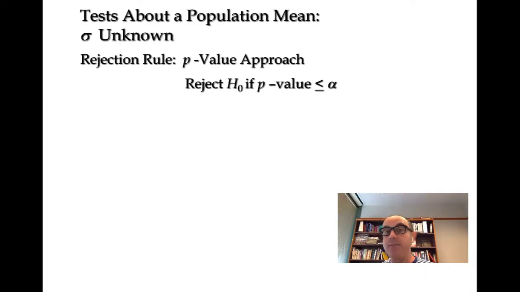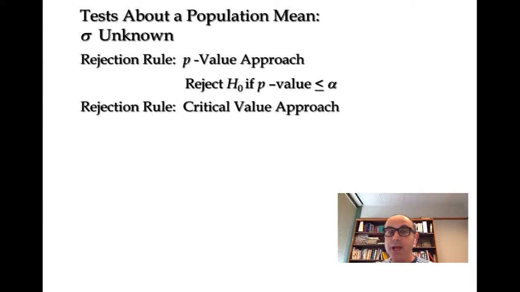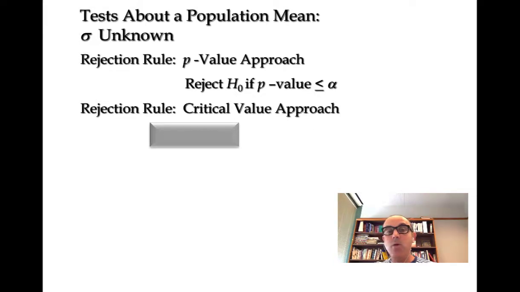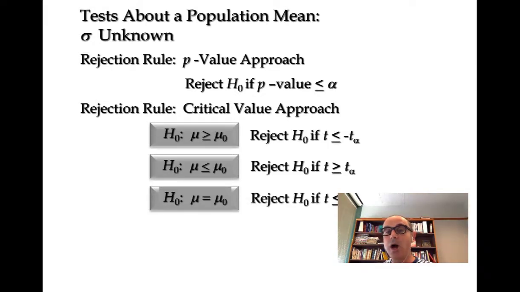In the p-value approach, we reject the null hypothesis if the p-value is smaller than the significance level. In this case, the critical value approach rejection rule will be outlined in the following forms. This is the null hypothesis. We reject if t is smaller than or bigger than the critical value, and this is how we reject in those 3 conditions.